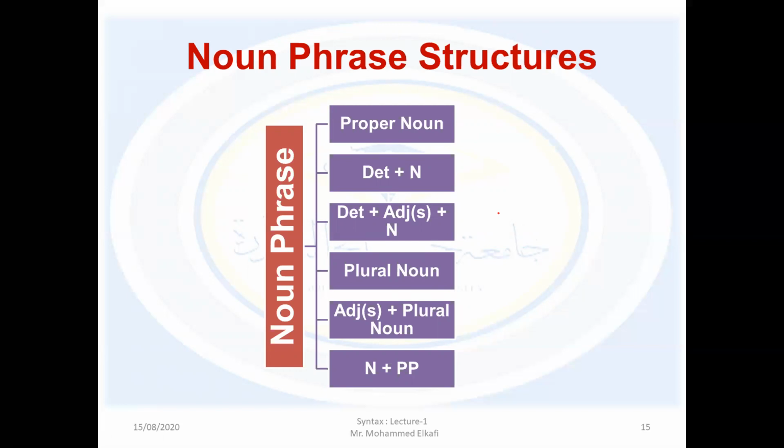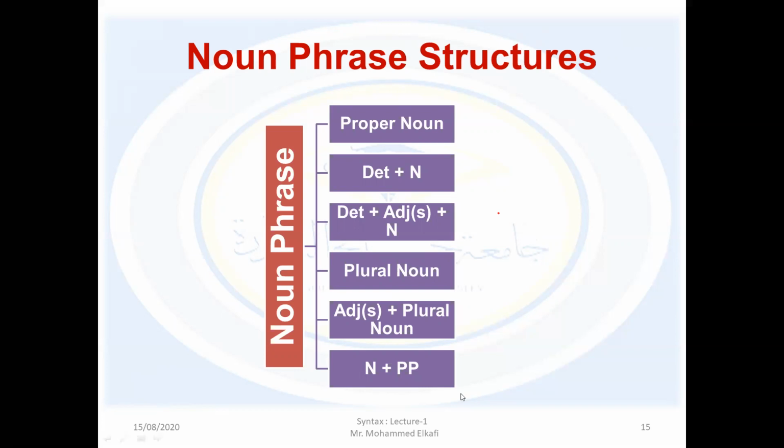The is determiner, brown is adjective and fox is noun. In case we want to use more than one adjective, we can say the quick brown fox. Here we have determiner the, and 2 adjectives, quick and brown, and then the noun. So this is the third structure of noun phrase.